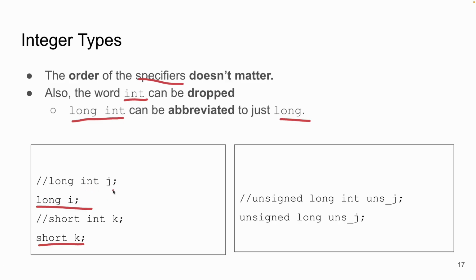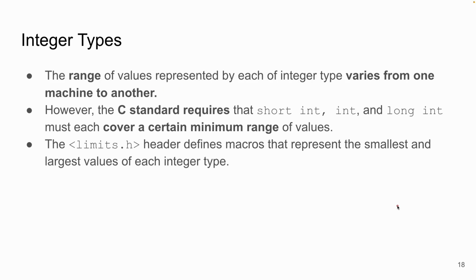That is the same for short k. Short itself is the abbreviation of short int. And that is the same for this case here. We have an unsigned long int, and we can actually remove the int and just write down unsigned long. This line is the same as these lines here.